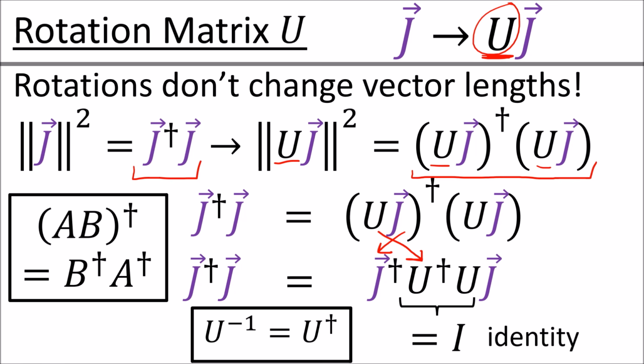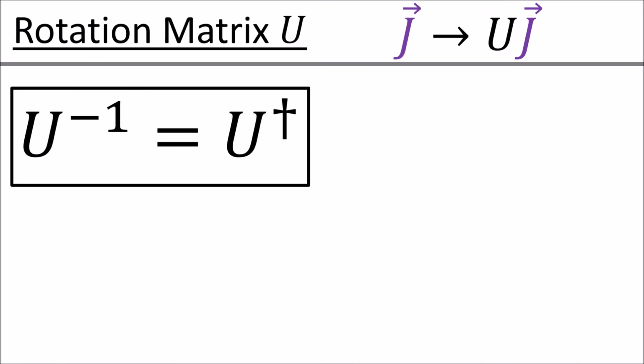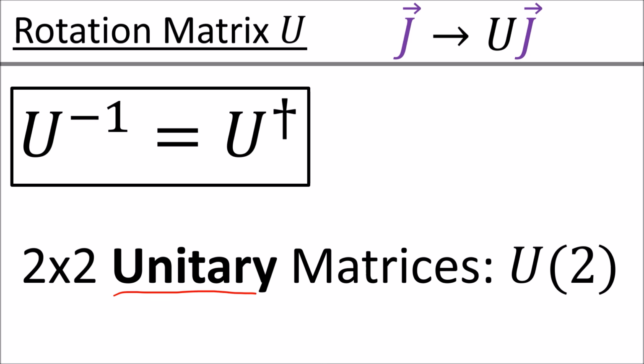In other words, U inverse equals its complex conjugate transpose. We call matrices with this property unitary. They are sort of like the complex number equivalent of orthogonal matrices, since they rotate complex vectors around without changing their magnitude. The group of 2x2 unitary matrices is called U2.